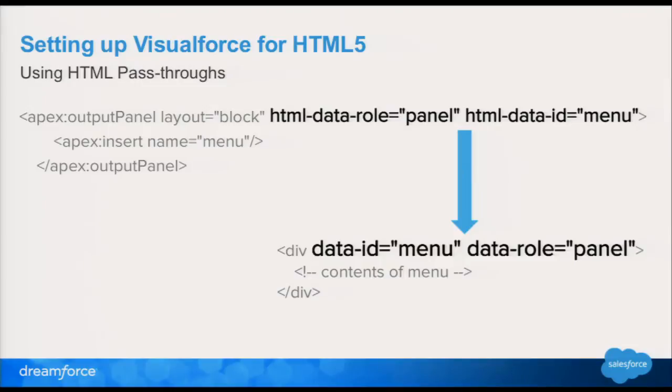And so you can see here with the output panel, you're in control over how those HTML5 attributes are going to be laid out within the component, and how it's actually going to get rendered down on the page is how we see here. So it basically strips that HTML dash out from the beginning, and the rest of it is going to persist down to your HTML layer. So here we've got just panel and menu, but remember we could also be binding that back up to Apex level variables as well.